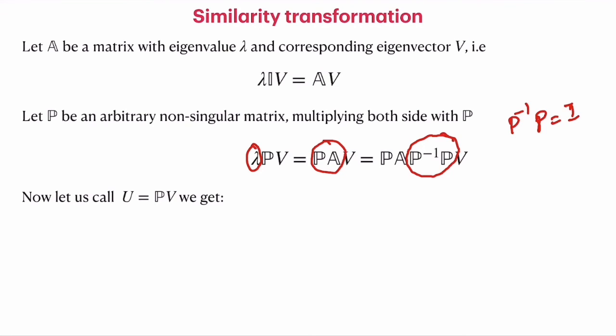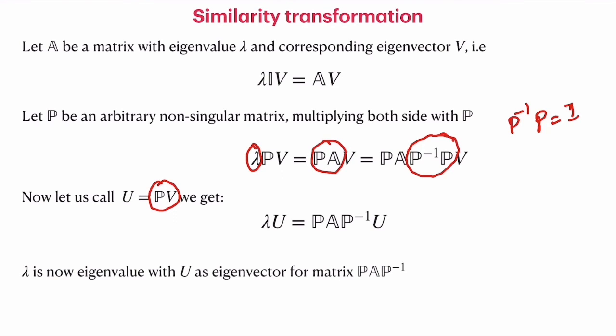Now let's call U a new vector, P dot V, the product between P and V, and then we get the equation lambda times U is equal to P A P inverse times U. So this says that now we have a new matrix, P A P inverse, which has the same eigenvalue lambda with the eigenvector U, which is defined by this.